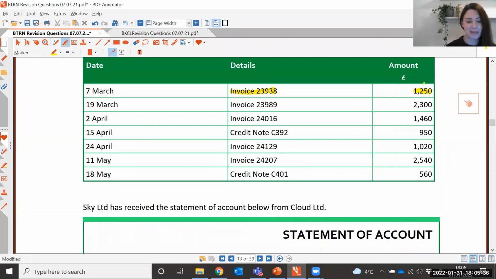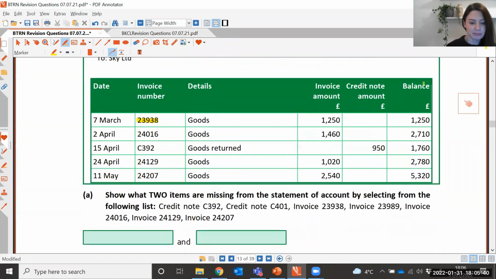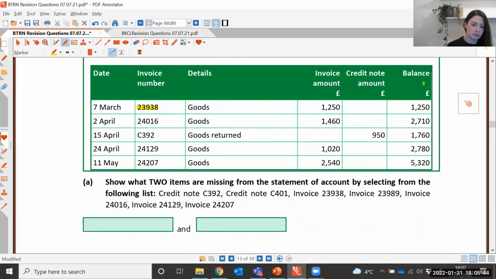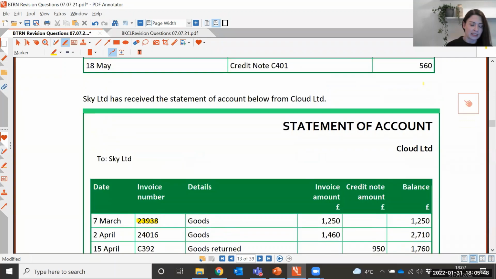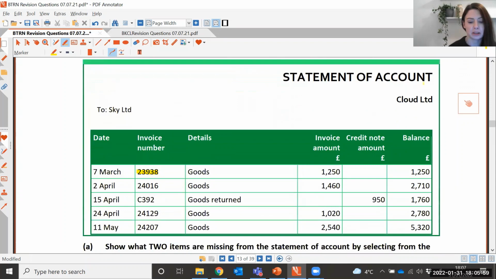Okay, so the next one. Let's do it the other way around, actually. So next we have an invoice for 23989 for goods costing £2,300.